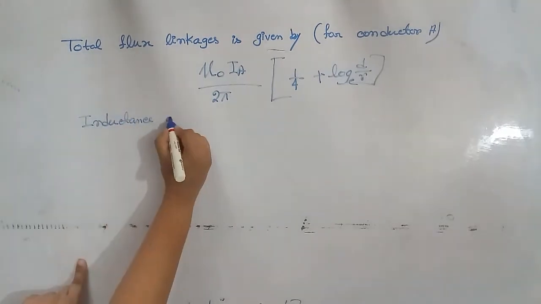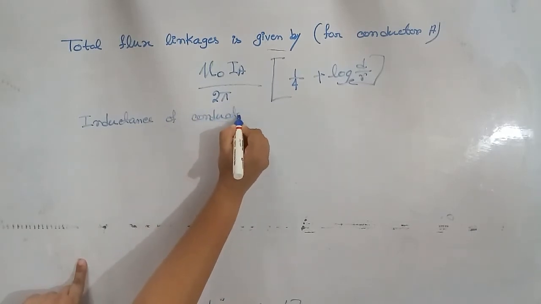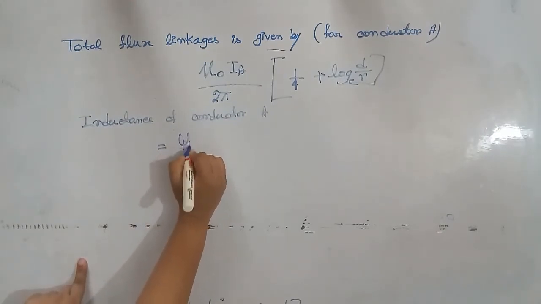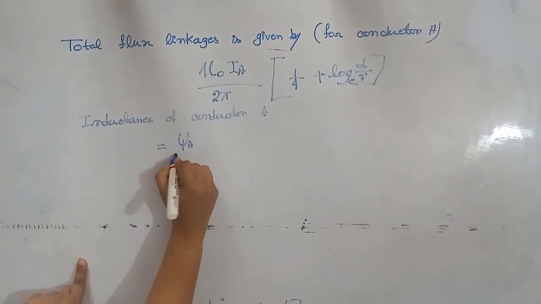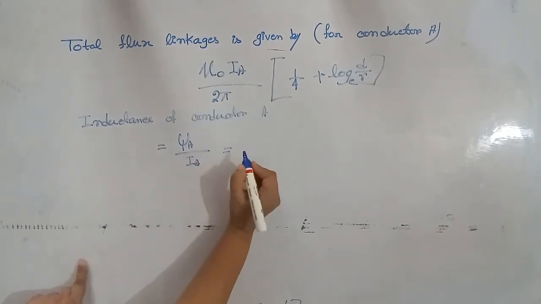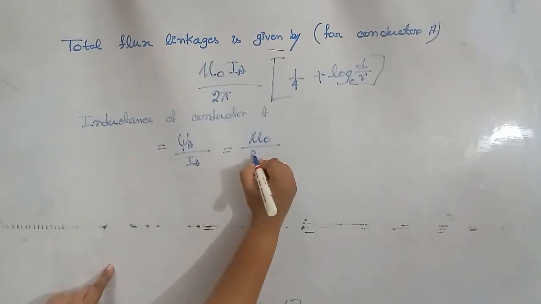The inductance of conductor A is given by psi A, that is the flux linkage for conductor A, divided by IA, the current of conductor A, which is given by mu 0 by 2 pi.